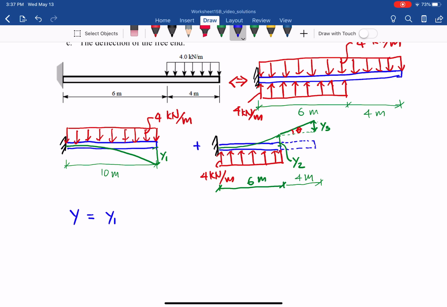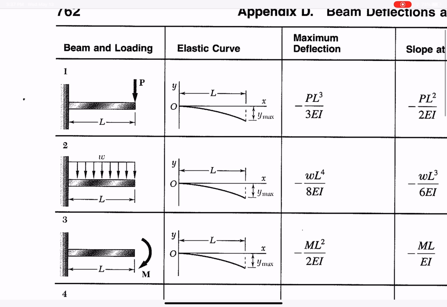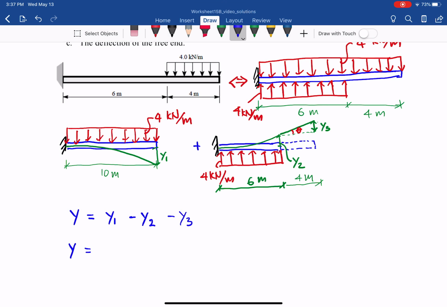So we can have negative y2 and negative y3 because the load is up there. So from that we can apply the equation y1 for 10 meter, the maximum deflection WL4 over 8EI. That one here, you have it negative WL4 over 8EI.